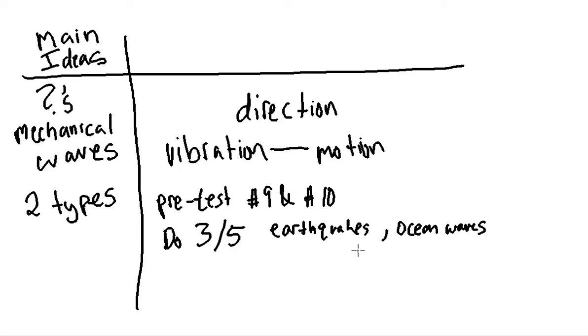And then the other type of mechanical wave, a common form, is sound waves. So I believe I got in front of you with the slinky and showed you what these two things look like and how they're different. So it all has to do with the direction of the vibration in comparison to the direction of the wave's motion.